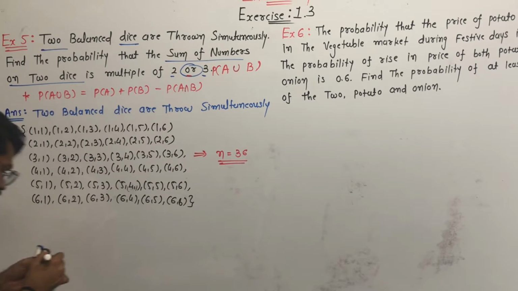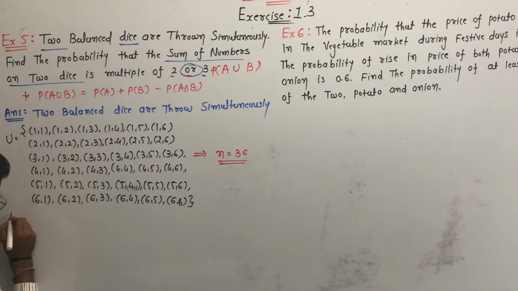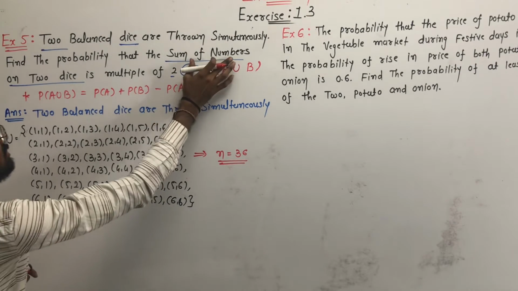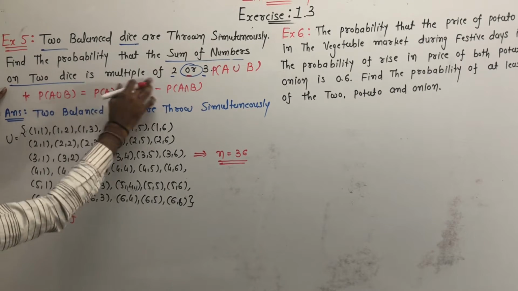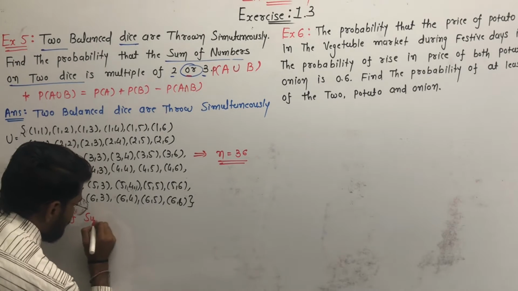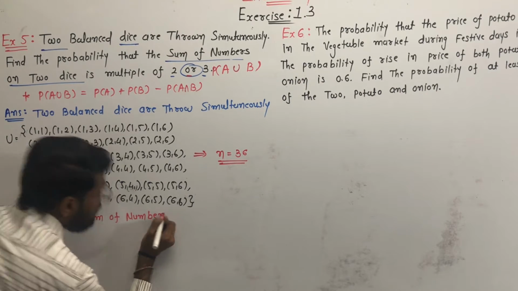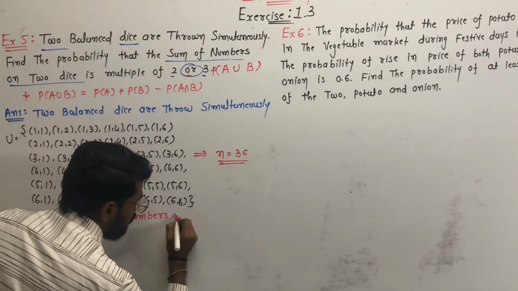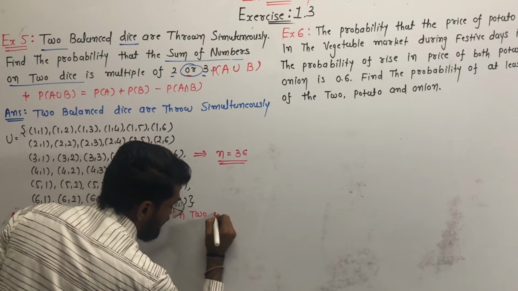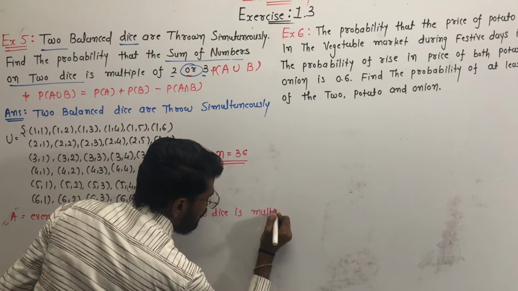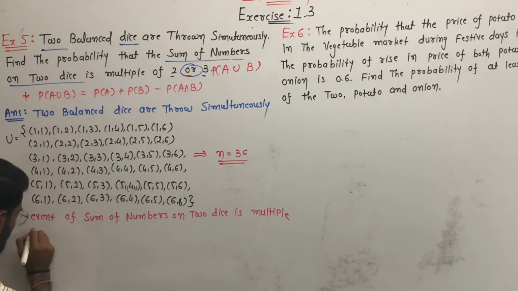Okay, and our event A is that the sum of numbers on two dice is a multiple of 2.